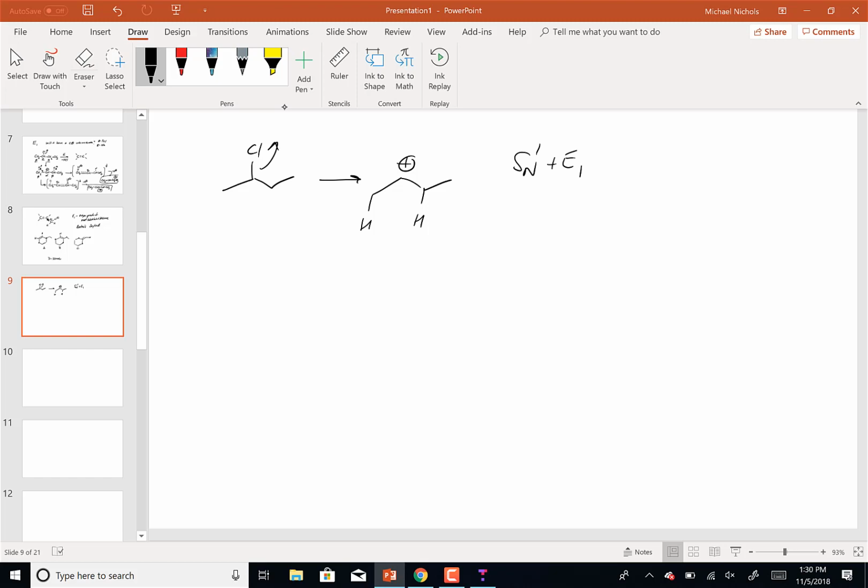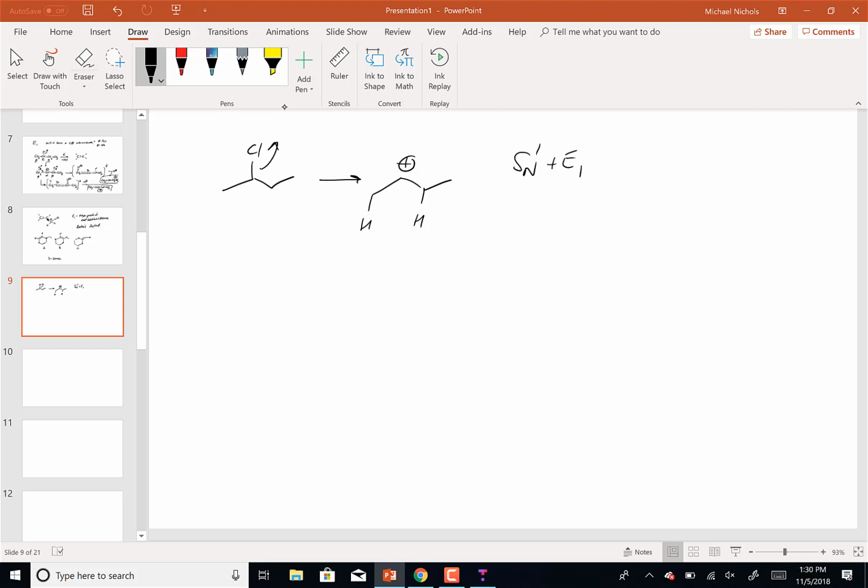And I'm going to ask you on the next exam or in some take-home problems, when you identify that the reaction is SN1, it's going to have to be SN1 and E1. So you're going to be writing both mechanisms. Okay. Because they go together. And that's why it's difficult to say that if my goal is to make a double bond from an alkyl halide, I'm going to have trouble with that using E1 because it's also going to do SN1.